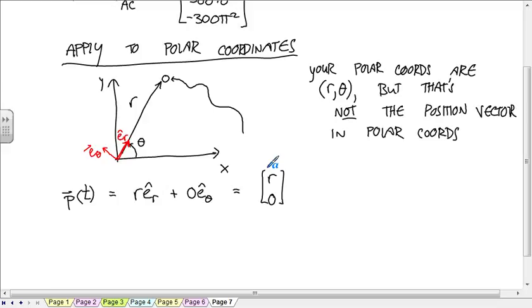So notice that this coordinate system rotates. As this particle moves around, the e_r axis keeps aiming at the particle, and so this thing rotates back and forth. Can anyone think of an expression for the angular velocity of this coordinate system?